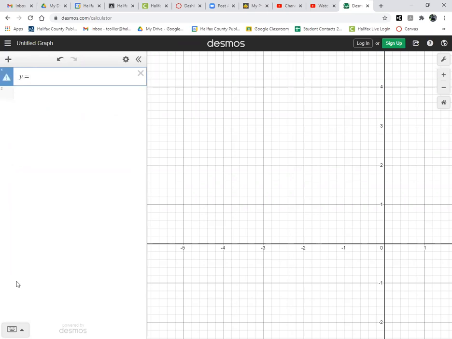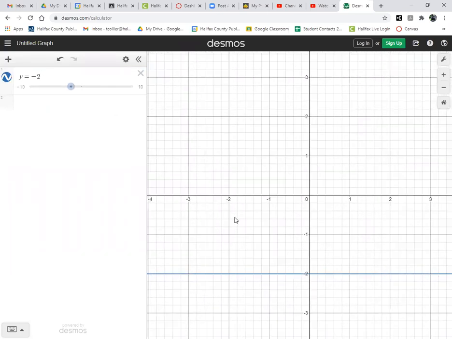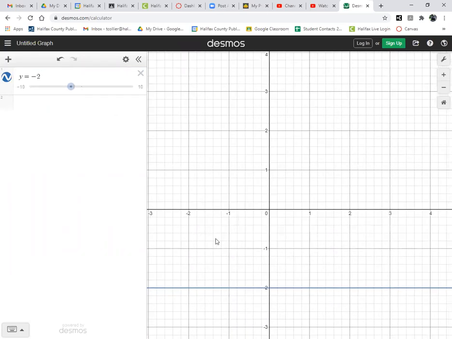Y equals negative 2. And my line is completely flat. So did you get that? When I asked you what the slope of 0 means, did you understand, oh, it's going to be a flat line or a horizontal line? That's the point of having slope of 0. The line is completely flat. It doesn't have a slope to it at all.